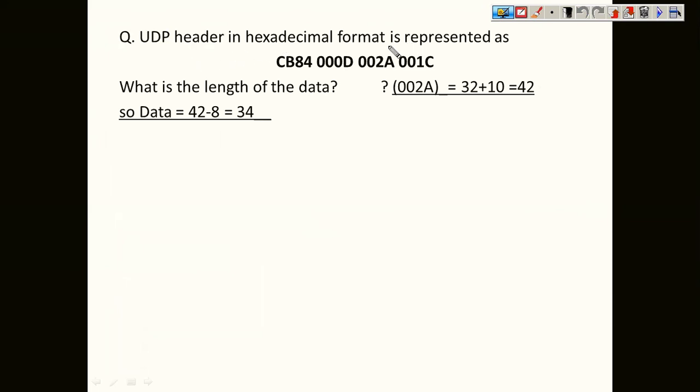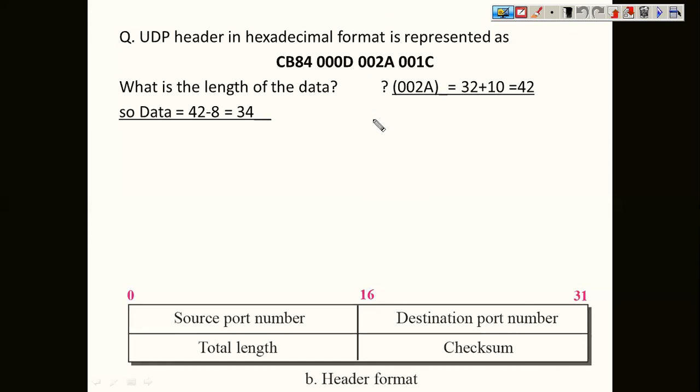Now, again, we have a UDP header packet which carries this information, and the question is what is the length of the data. To answer this, you must know the packet format. If you look here, this is the structure. There are 8 bytes, and out of these 8 bytes, after the fourth byte we have the total length information.